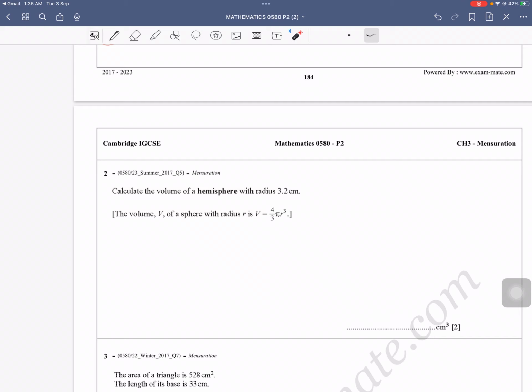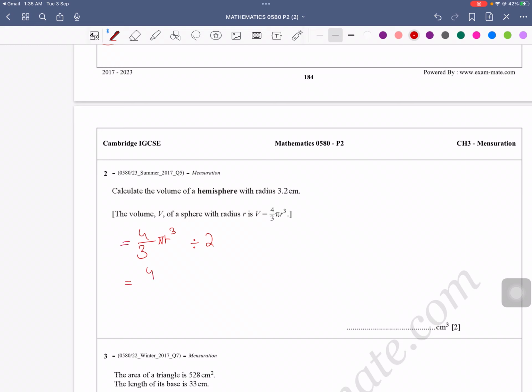So now what exactly is a hemisphere? A hemisphere is nothing but half of a sphere, right? Just like a semicircle is half of a circle, hemisphere is half of a sphere. So we simply take the volume of a sphere and we divide it by 2 in order to find the volume of a hemisphere, right?